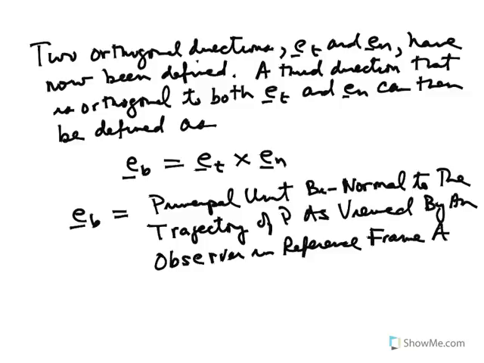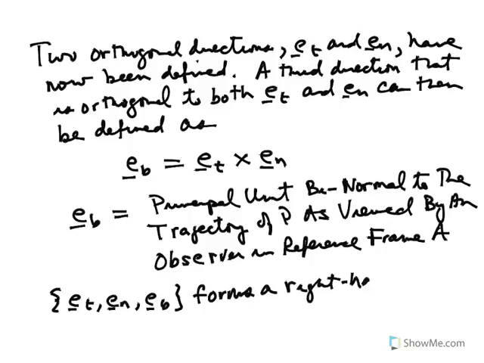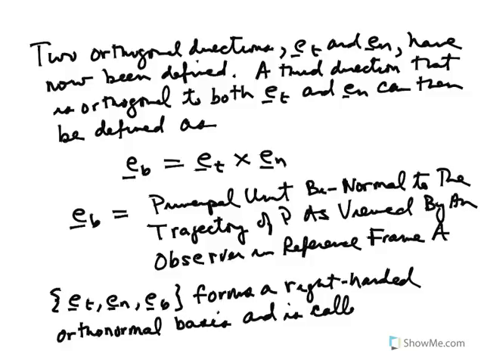Now you'll see that the triad ET, EN, EB forms a right-handed orthonormal basis, and is called an intrinsic basis.